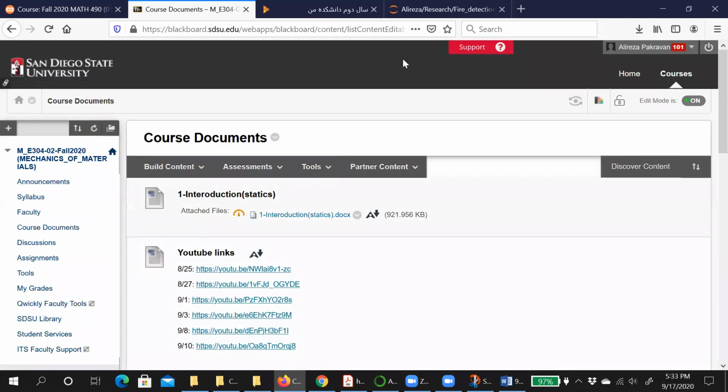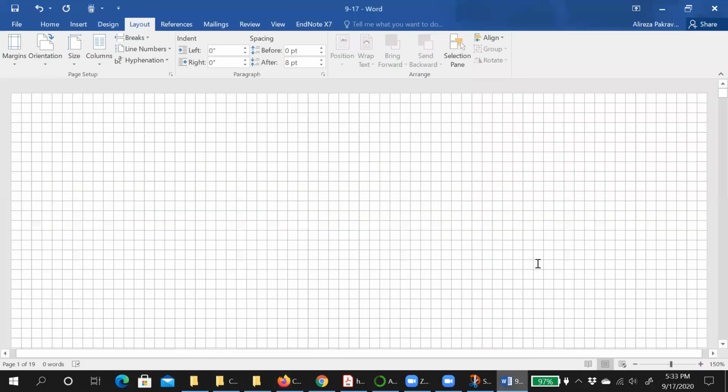So last lecture we talked about one important application, the indeterminate beam and determinate bar. And today let's see the other application, again an indeterminate case, but under thermal effects.